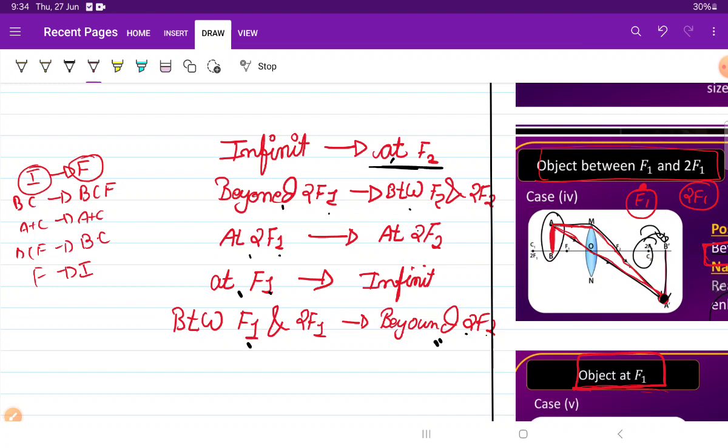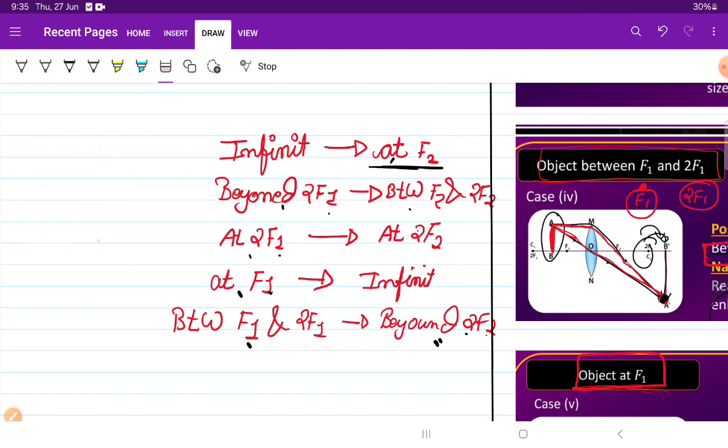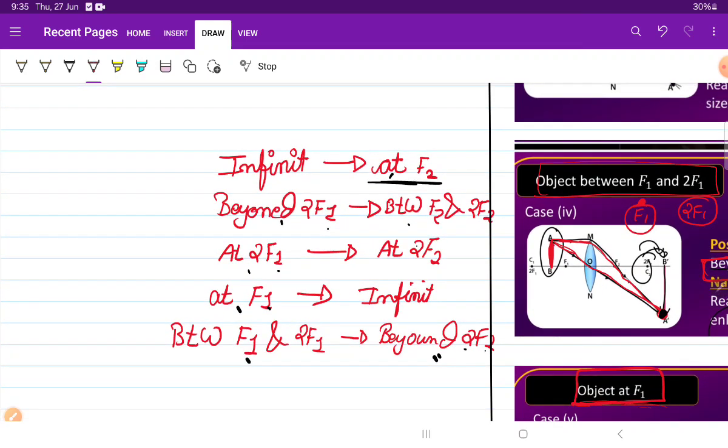Here the infinity is there, focus is there in right side, but here in the left side there is a focus, in right side infinity is there. Here the beyond C is there in left side, in right side between C and F, in left side between C and F is there, while in right side beyond C is there. So this is the shortcut tree which we have made in part 1 to remember the concave mirror.